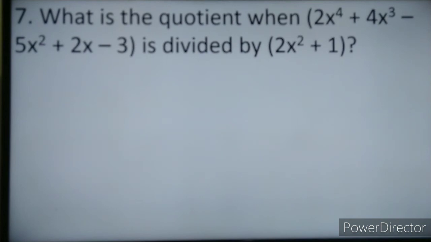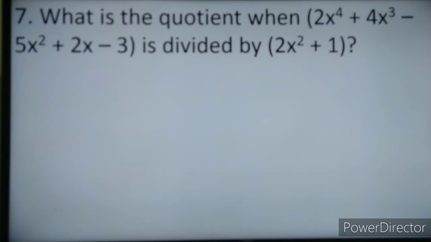What is the quotient when quantity 2x raised to 4 plus 4x cubed minus 5x squared plus 2x minus 3 is divided by 2x squared plus 1? I think you're going to do the same as question number 1 or our example number 2, if you remember.